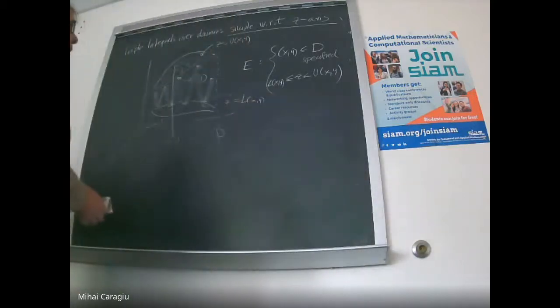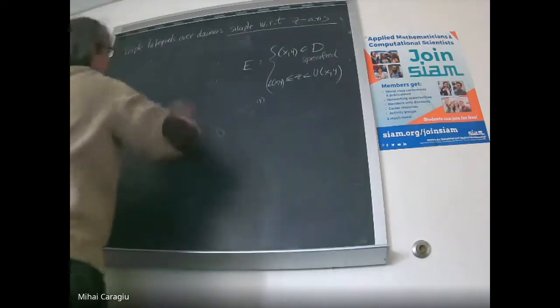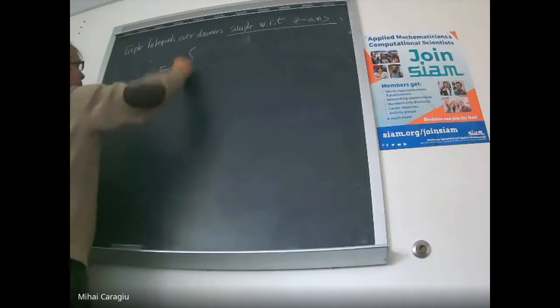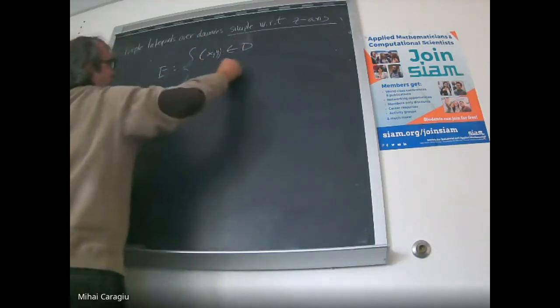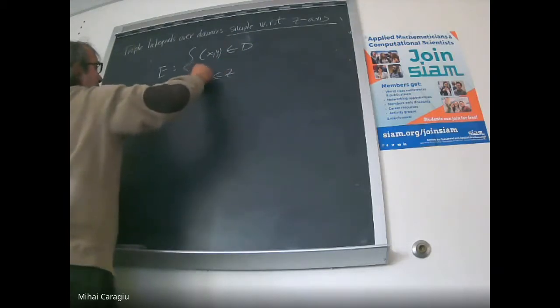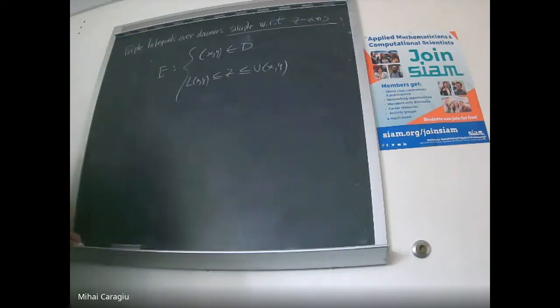How to do triple integrals over such domains? So let's assume that E is defined like this: xy belongs to D, and z is between l of x and y and u of x and y. So what will be a triple integral over E of a function f of x, y, z, dV?